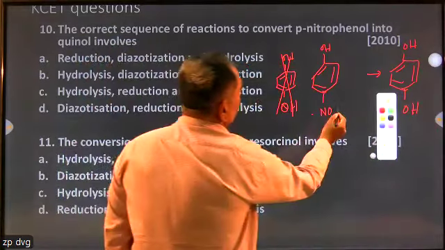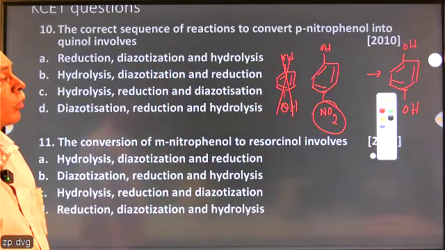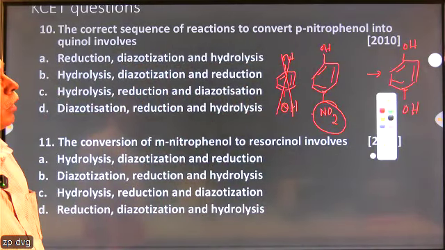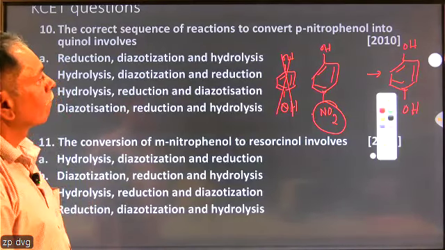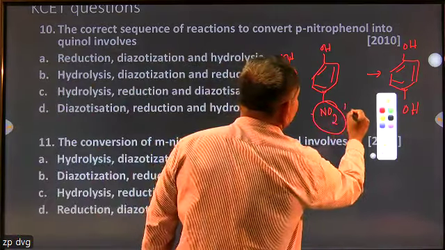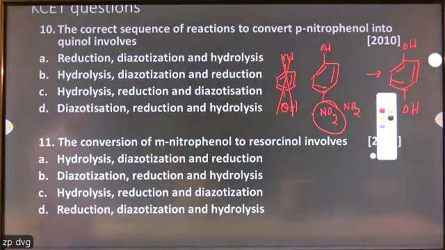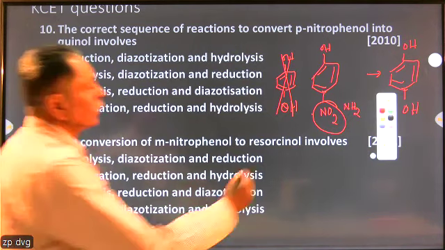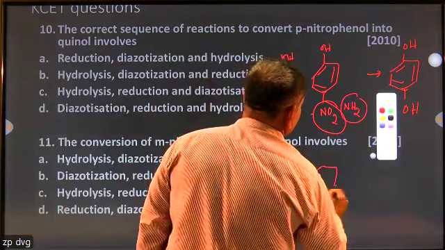For that, you have to reduce this NO2 group. You have studied how to reduce nitro compounds into amines. So, first is reduction. When you reduce this, you get NH2, so you get an amine. Next step is you can do diazotization. When you do diazotization, you get this compound.